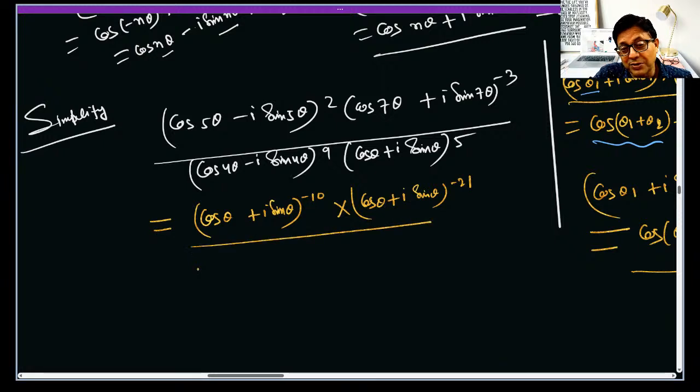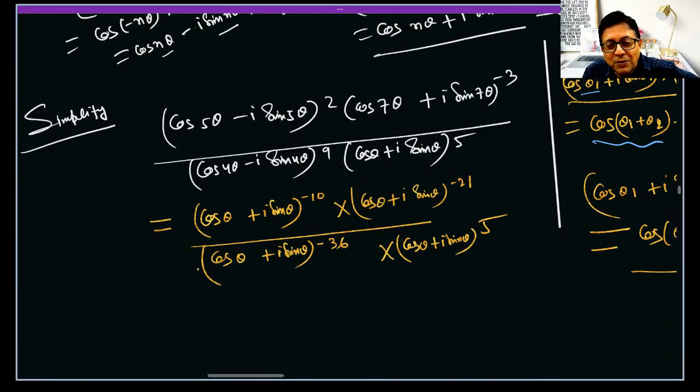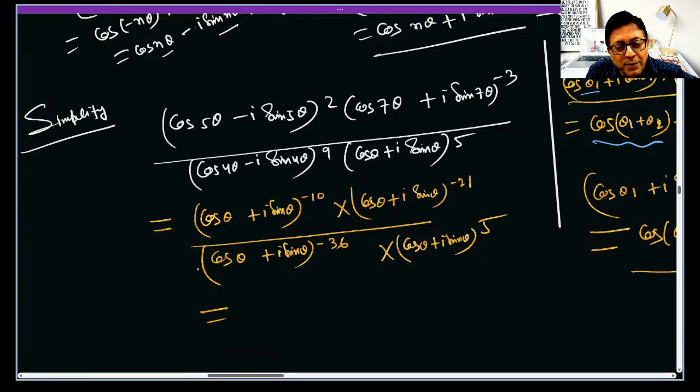Applying De Moivre's theorem in reverse, cos n theta plus I sin n theta, I am writing as cos theta plus I sin theta to the power n. So this will be what? This is the advantage here. All are coming in the form of cos theta plus I sin theta. Hope you have understood.